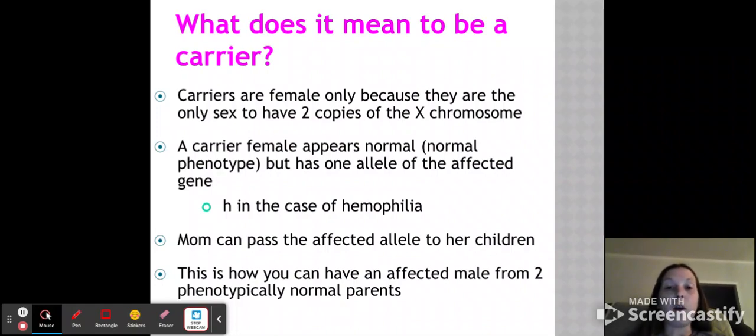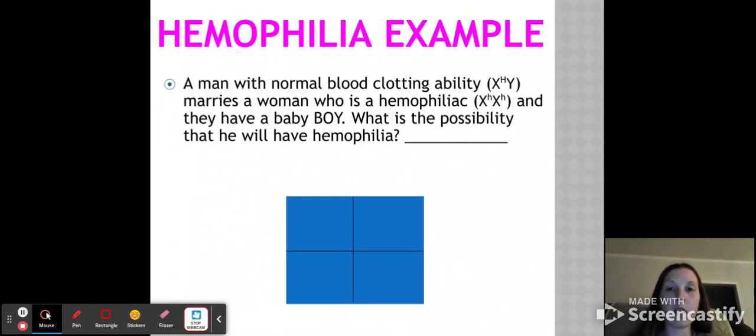The carrier female appears normal, but has one allele that is affected by whatever disease they're looking at. So the lowercase h in hemophilia. So mom can pass that affected allele onto her children. And this is how you can have an affected male from two phenotypically normal parents. Because the males only get one X, it would get the mother's X. And if it happens to be that lowercase h, that offspring would have hemophilia.